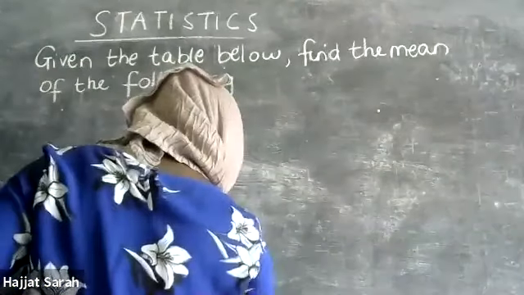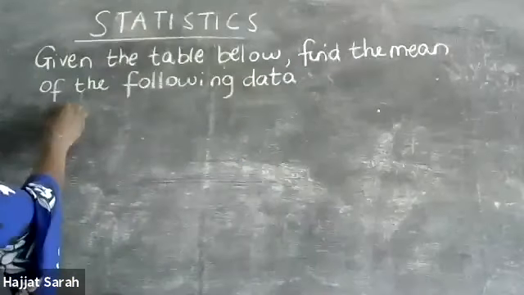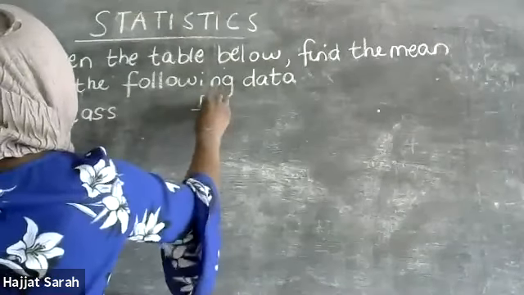Given the table below, find the mean of the following data. So we have the class and the frequency.